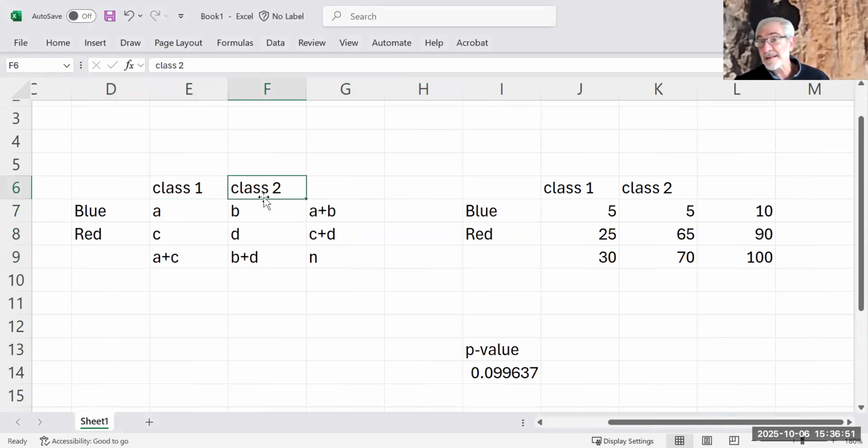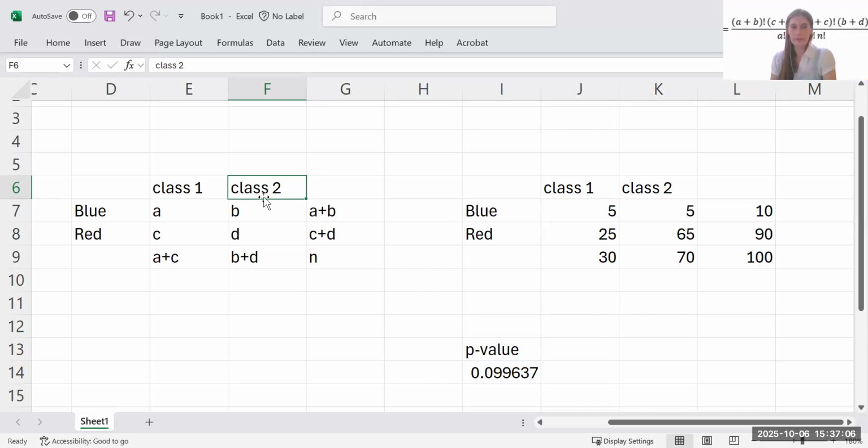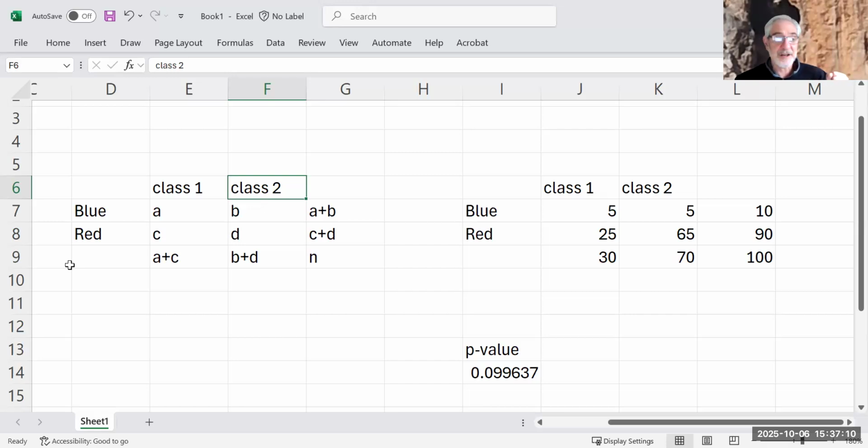We're basically trying to see, in a test for independence, whether our odds of being in class 1 change given that we're blue or red. If the probability of being in class 1 changes given that I'm in red, that means those two events would be dependent.